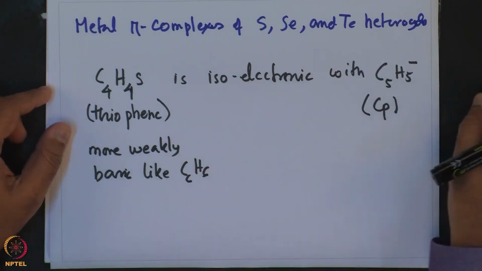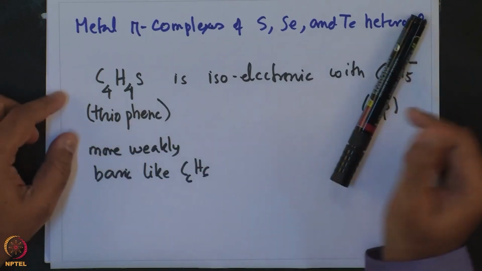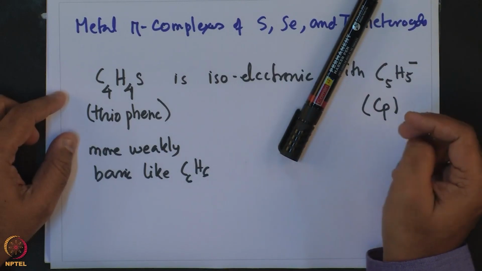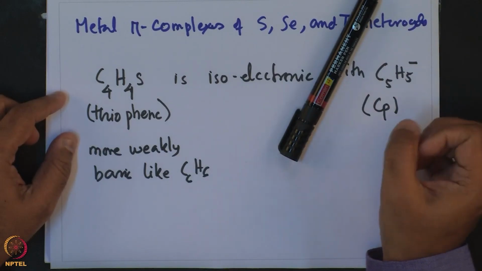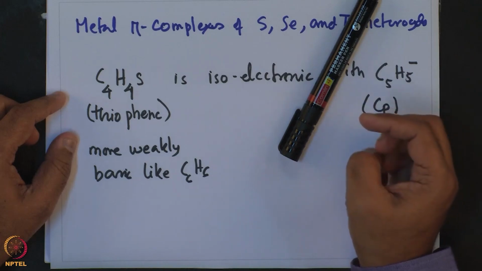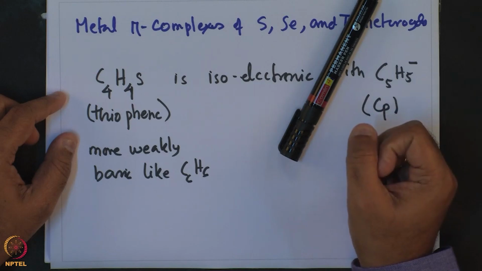Now, if one were to look at the molecular orbitals involving the pi orbitals which are there in the aromatic ring, one would see that the orbital degeneracy which is present because of various symmetry elements present in the C5H5 minus or C6H6 ring gets lost. The symmetry elements are no longer present, and hence the orbital degeneracy is removed in thiophene, C4H4S.